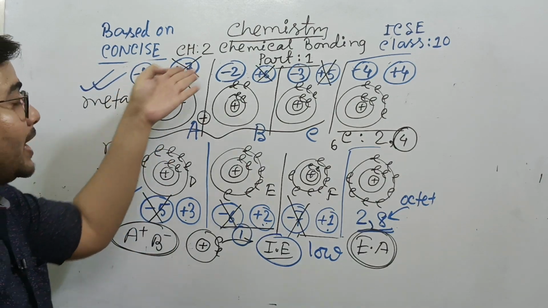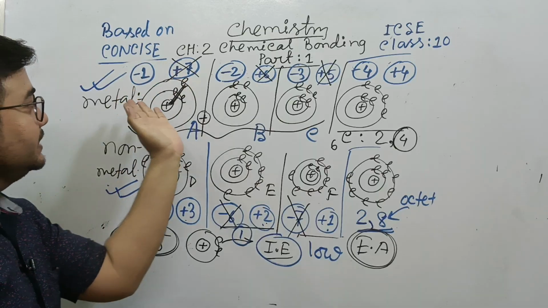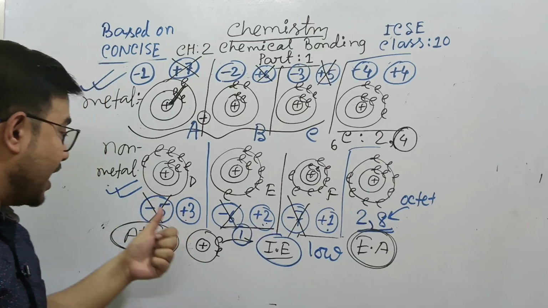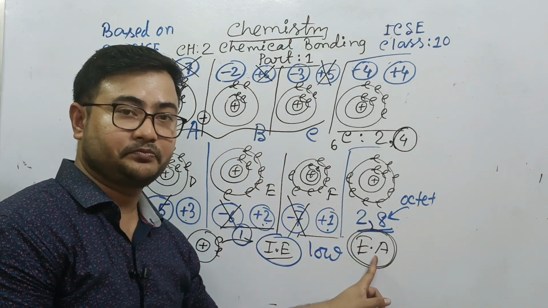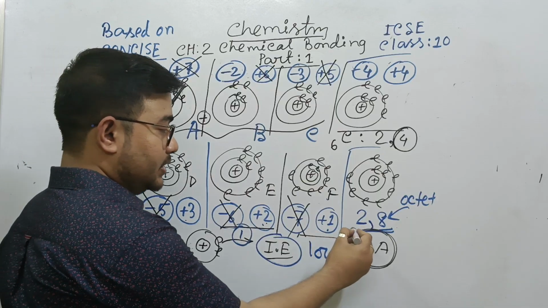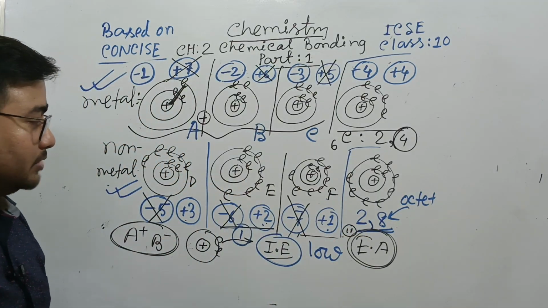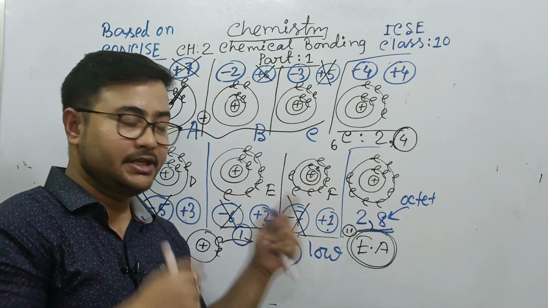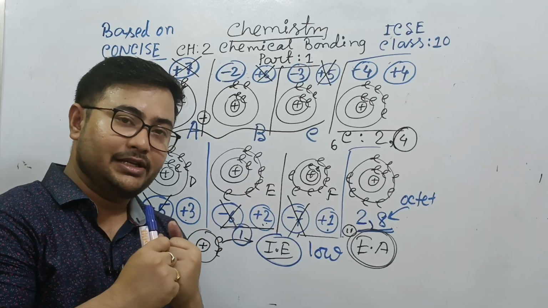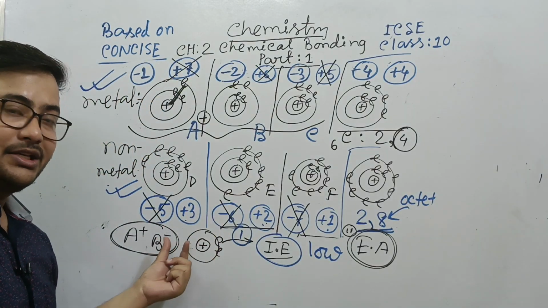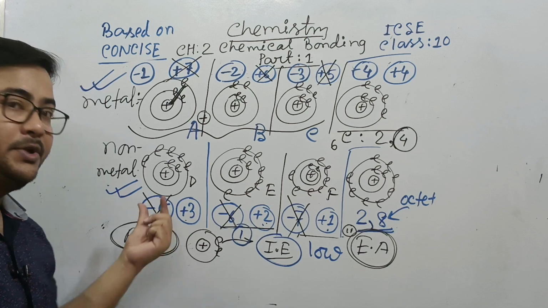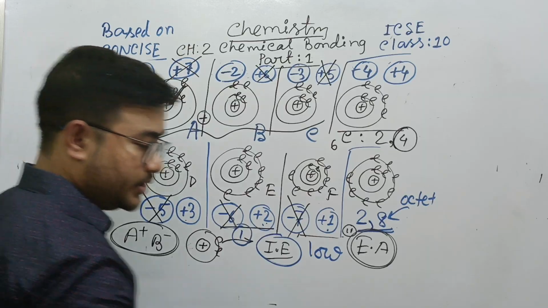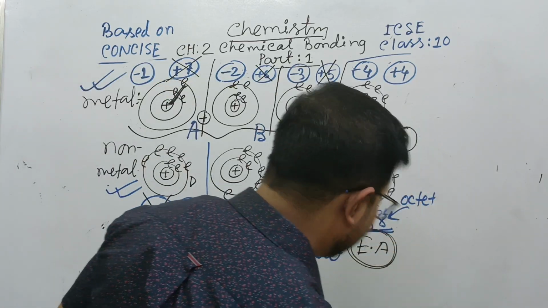So metals have low ionization energy, because low energy easily removes the electron. Here non-metals have a high tendency to accept the electron, so high electron affinity. So this is the second condition. If the atoms have high electron affinity, they have the tendency to accept the electron and form an anion, so they can easily form an electrovalent bond. Understand? Okay, this is the second point. Okay, now the third and last condition.